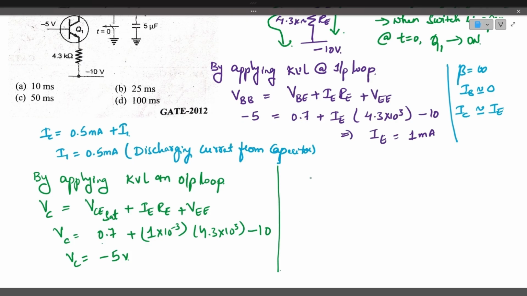At time t equals 0, the switch is open, so the current flows till the time t1.